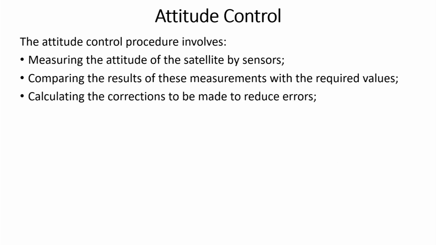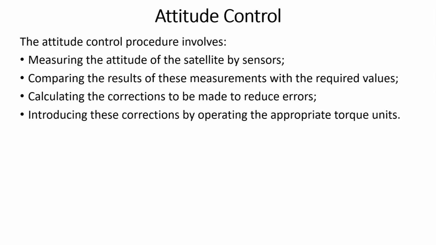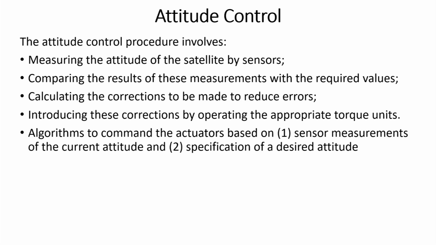Once you know these, the corrections needed to reduce the errors can be calculated. Then you introduce these corrections by operating the appropriate torque units, converting the errors into the torque or force needed. These are the algorithms to command the actuators based on the sensor measurements of the current attitude and the specification of the desired attitude.